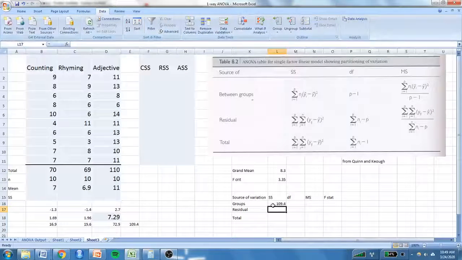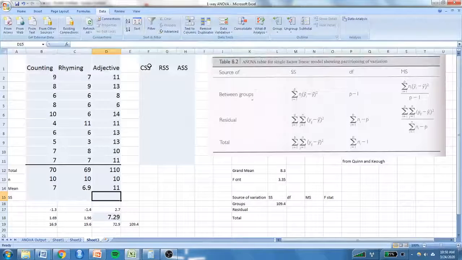Plus, you should know how to do it anyway. So here you're going to take each individual observation minus that group mean and square it. That's why I have this here, because you're going to have sums of squares for each group. You take an individual observation, subtract from the group mean, and then square it.